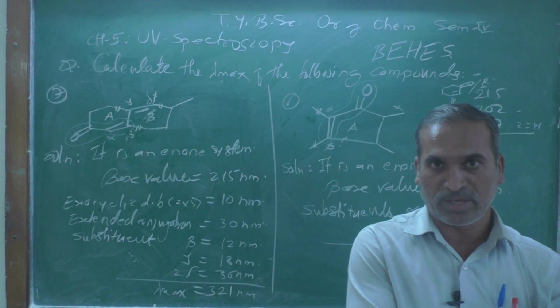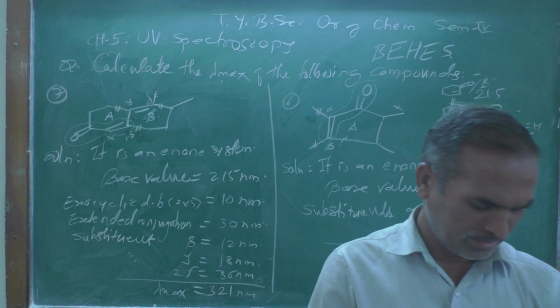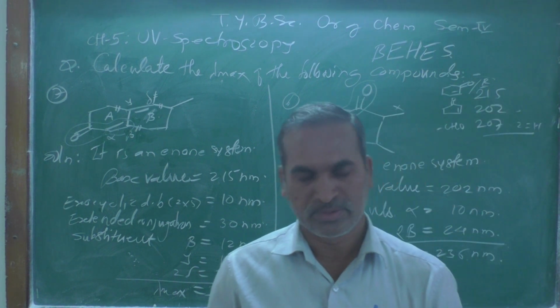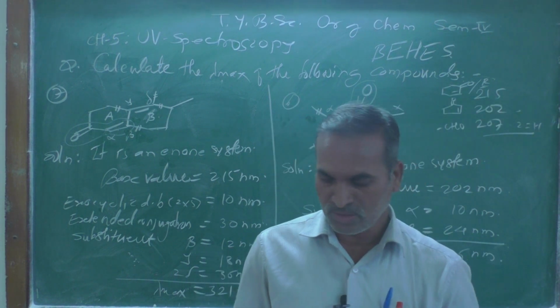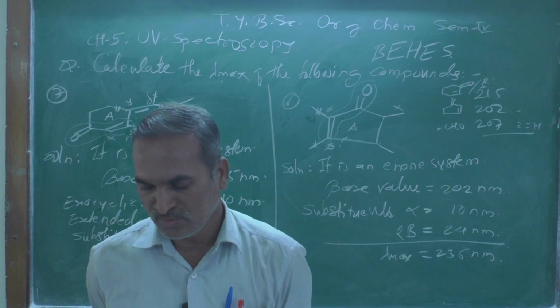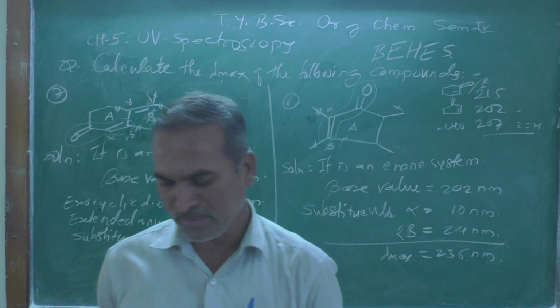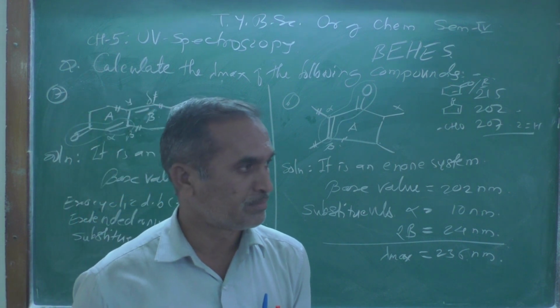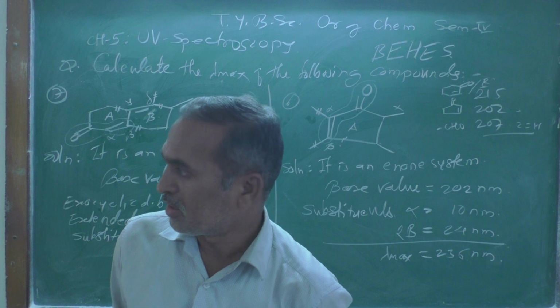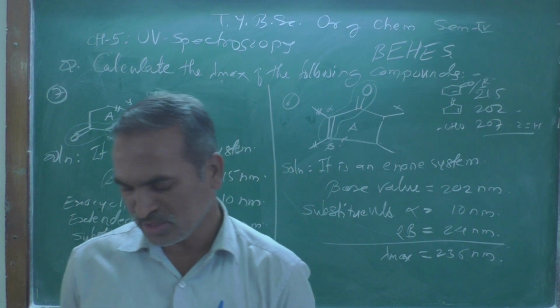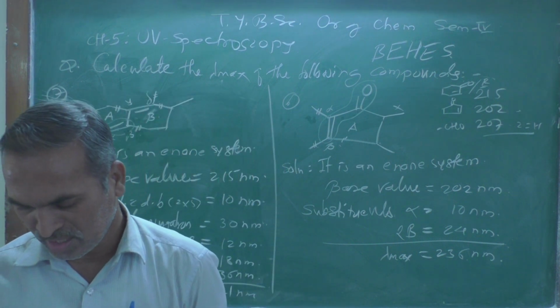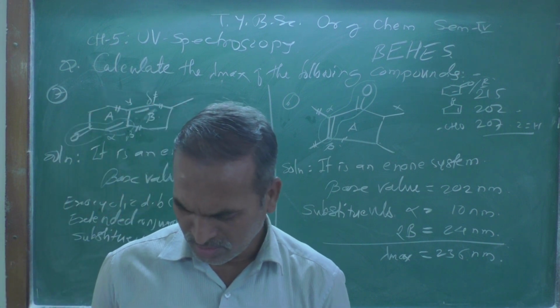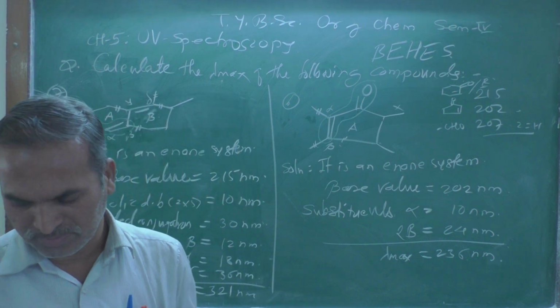So in this way we can easily calculate the lambda max of any kind of system. It may be a diene system or an enone system. We can easily calculate the lambda max of this type of system.